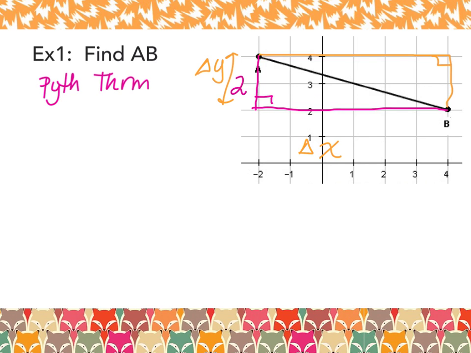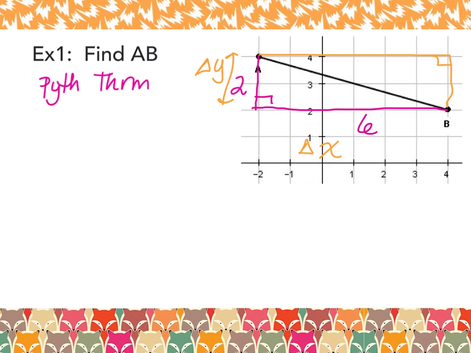If we find our change in x, we're going to do the same thing, and this time let's just count over: 1, 2, 3, 4, 5, 6 units. We could also say 4 minus -2 is positive 6. So the change in x is 6 units.